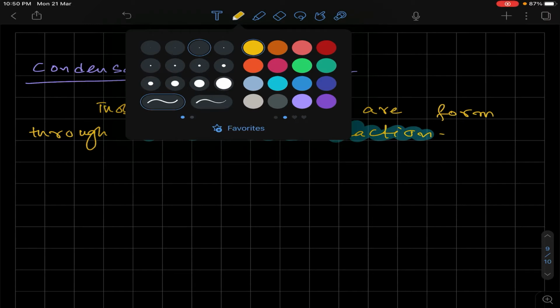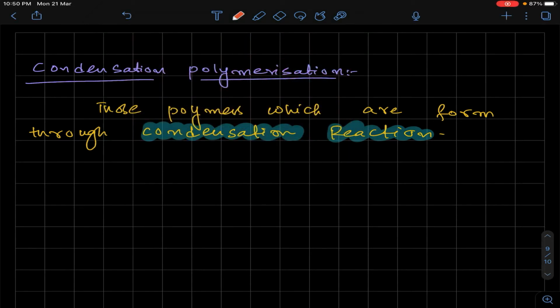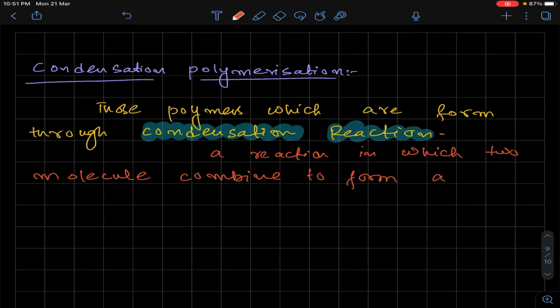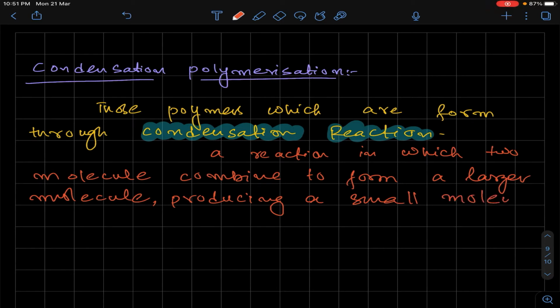Condensation reactions are basically a reaction in which two molecules combine to form a larger molecule, producing a small molecule such as water as a byproduct. Right, so this is what condensation reactions are: a reaction in which two molecules combine to form a larger molecule, producing a small molecule such as water as a byproduct.